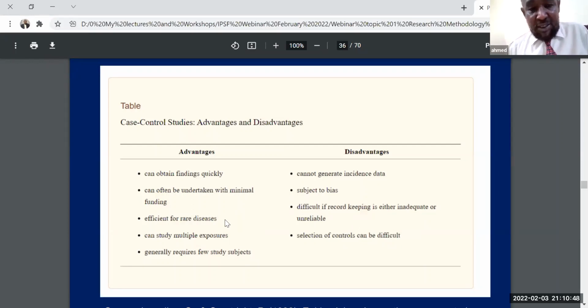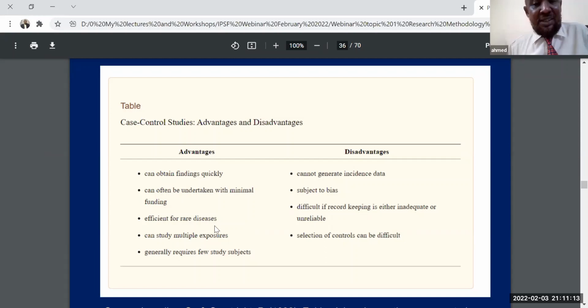For example, even if we select subjects exposed to a factor which is expected to be predicting the outcome or associated with the disease, even after taking a long time, 20 years, 30 years, maybe the disease is not developed because it is rare.